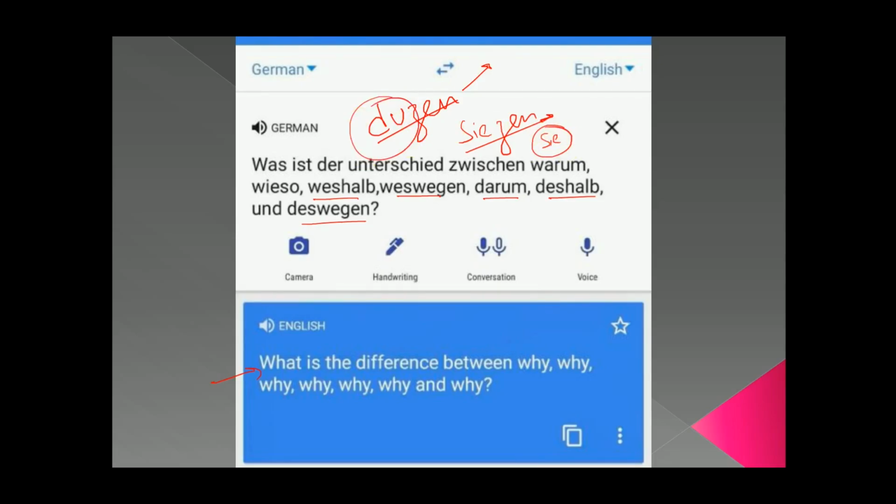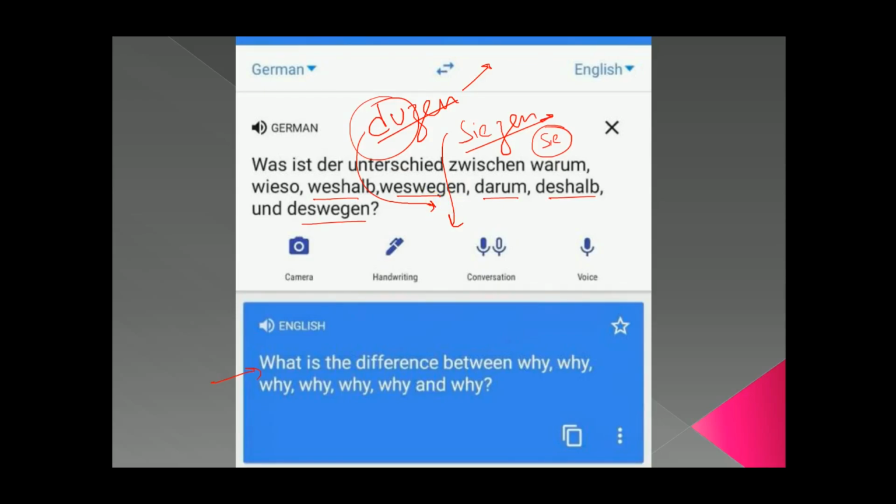Likewise, if you write any official letter or any application letter to any organization or any official in Germany, then you have to take care whether you're talking to a person of the same profile or to somebody who is respected or of a higher cadre than you.